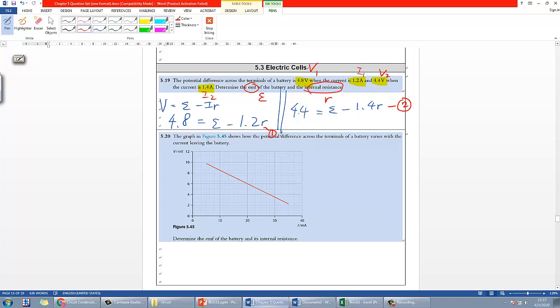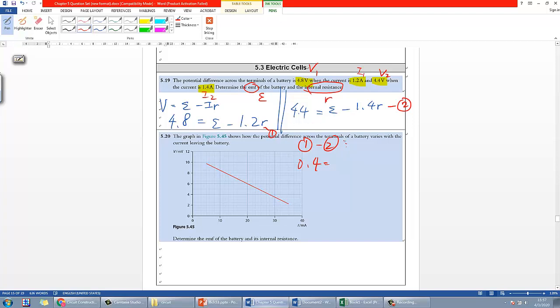I think the easiest way to solve it is to subtract them, so that you can get rid of the EMF. Sorry, I didn't give you enough space, so I'll run over to the next space. Let's say equation 1 minus equation 2. On the left-hand side you only have 0.4.